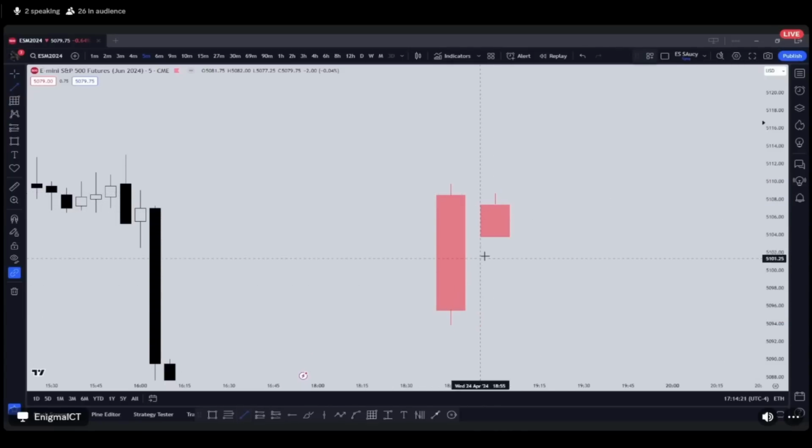It doesn't matter if this is a bearish or a bullish candle as long as this is inside, and when it closes above or below it, this is the new range that we are playing with. Why? Because it could easily take this low and go higher, or take these highs and go lower.